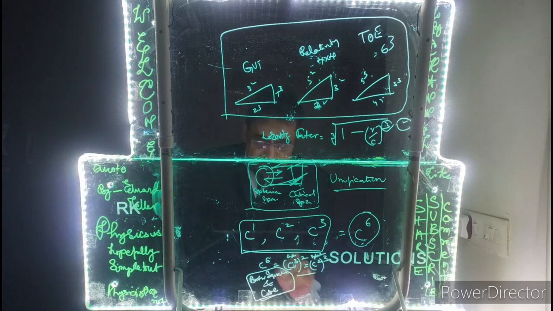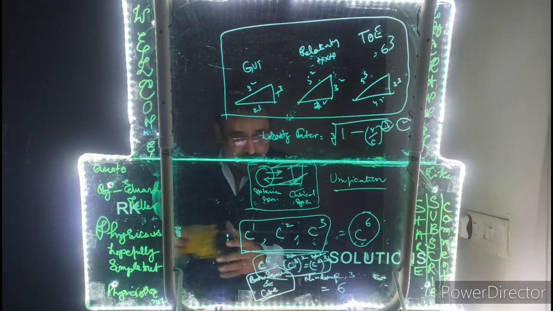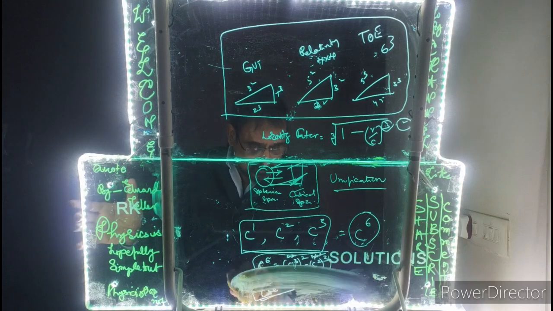The minimum common denominator of 2 and 3 is equal to 6. So if you take c raised to 6, you can include both. That's my opinion. And then what went wrong?